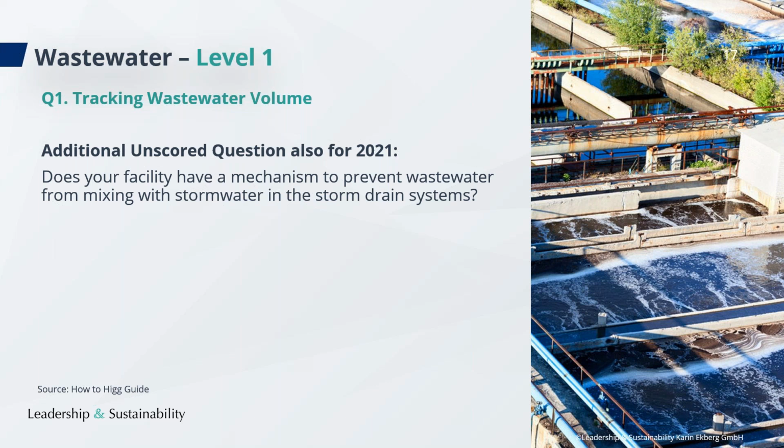And here we have this question: in order to make sure that you don't have any wastewater, so contaminated wastewater from your factory, that is feeding into the storm drain systems and then potentially discharged into the environment without treatment.